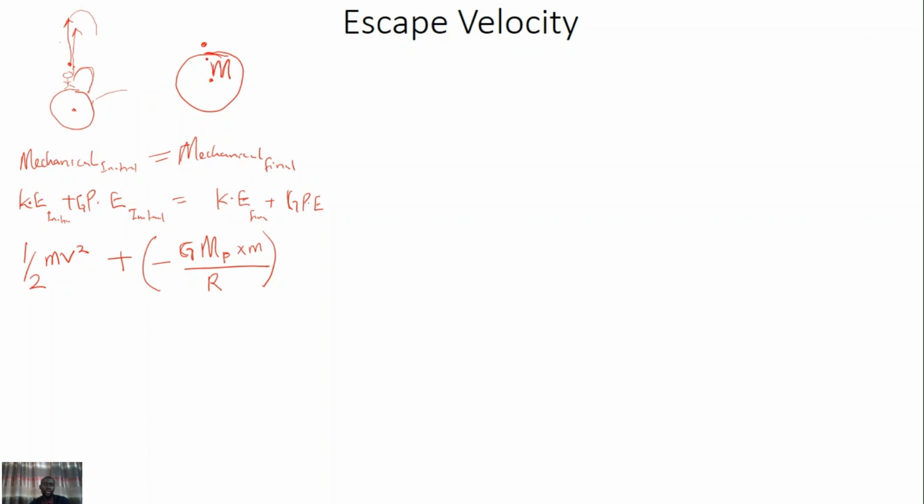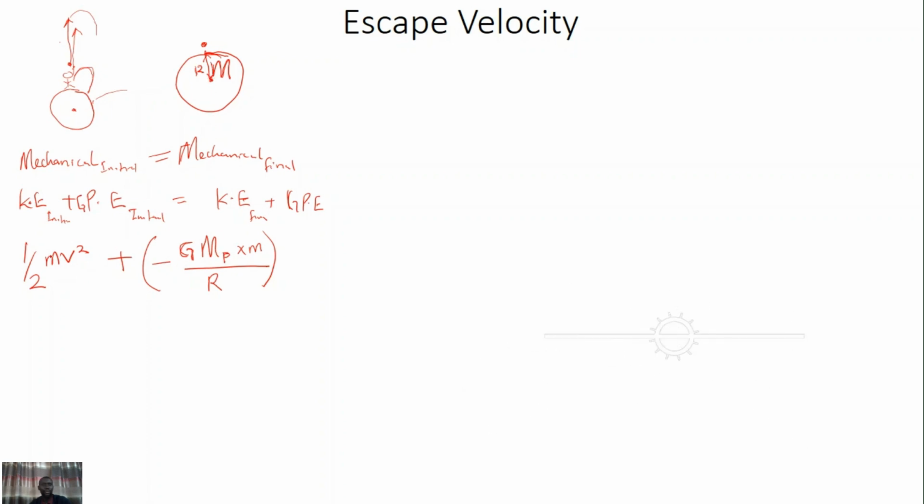And you also need to know the radius of the planetary body. So when you input it into this formula, that will give you the escape velocity of that planetary body.